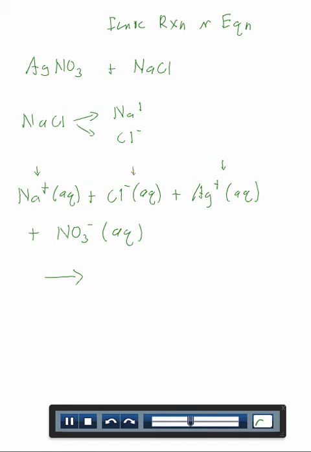Silver, could it pair with chlorine? Well, yes, we look in the table and we see that silver chloride is insoluble. And so when silver and chlorine bump into each other in solution, since they're insoluble, they will stick together and form the solid. So we will have silver chloride solid formed.